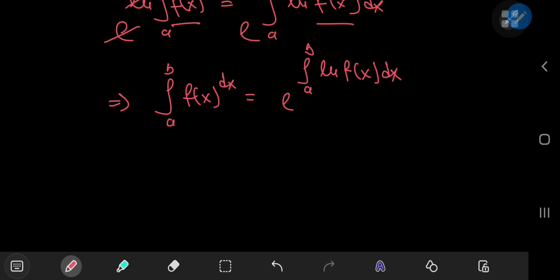So now that we've developed this pretty awesome relationship, we can proceed towards evaluating the integral that you saw at the start of the video. It's the integral from 0 to pi by 2 of, oh, terribly sorry, of sine of x to the dx.